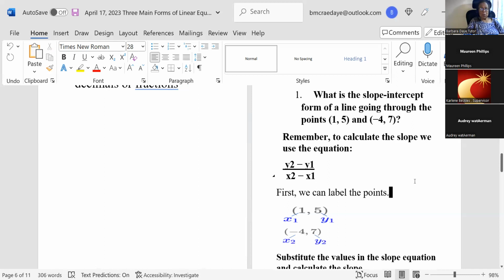You only need 2 points to calculate the slope. What I'm suggesting is that you pick out your x1 and y1 and label them, then label your x2 and y2. Then it's a matter of substituting into this equation. You got it?